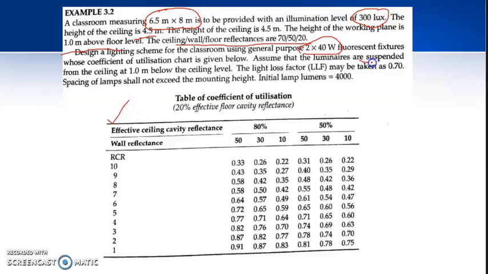And it is given that the luminaires are suspended at a height of 1 meter below the ceiling level. The light loss factor has to be assumed as 0.7. And it is also given that the spacing of the lamp shall not exceed the mounting height. And initial lamp lumen is 4000 lumens, which is given here.